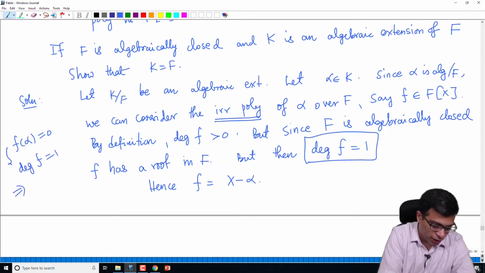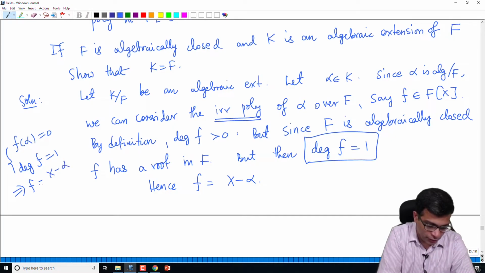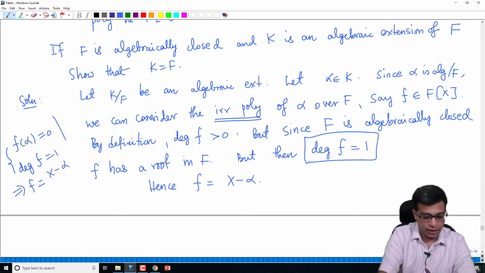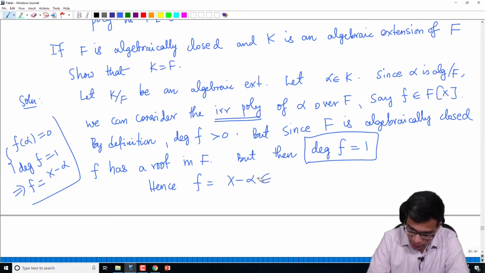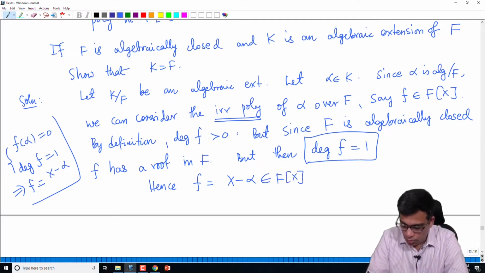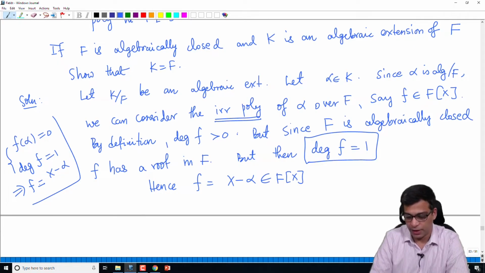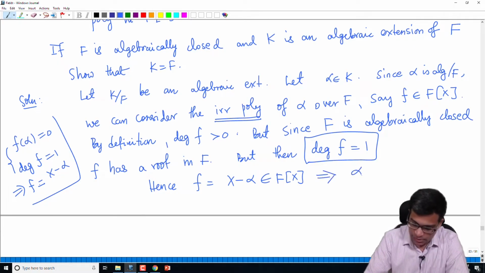These two together imply that f must be x minus alpha. There can't be any extra factor there, because then it will not be irreducible. So that means, remember, f is in F[x], so x minus alpha is in F[x]. That means alpha is in F. So K is equal to F.